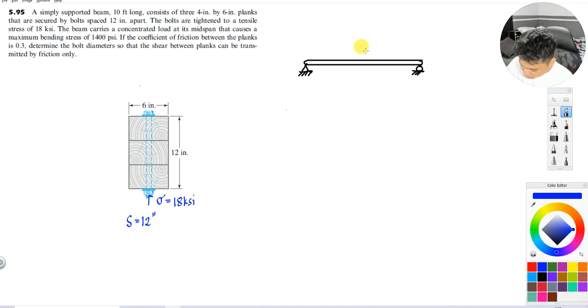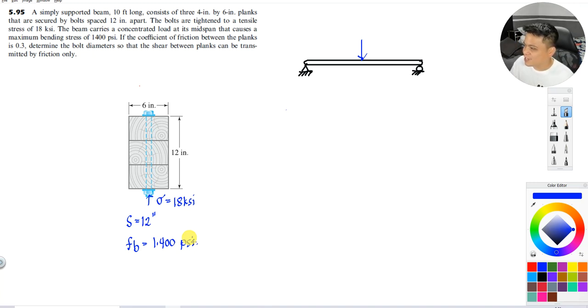The beam carries concentrated load at the mid-span. So, meron daw akong load dito, somewhere here at the mid-span. Which causes a bending stress of 1,400 PSI. So, I have now the FB of 1,400 PSI. If the coefficient of friction, ayan na, nagkaroon ng coefficient of friction, ano?